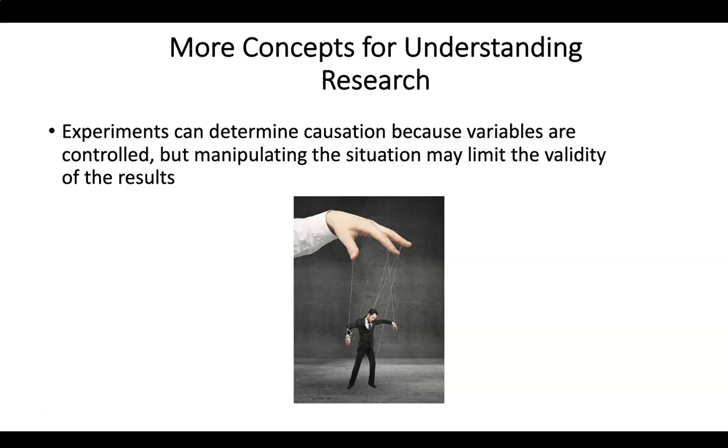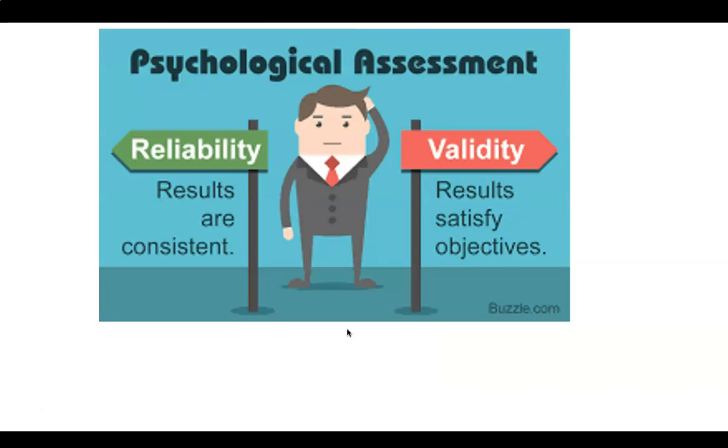So actual experiments are great because you can have complete control over the situation and what stimuli people are introduced to, what they see, that sort of thing. However, it can lead to some problems with validity in research.